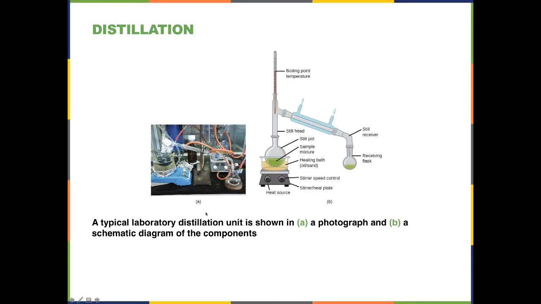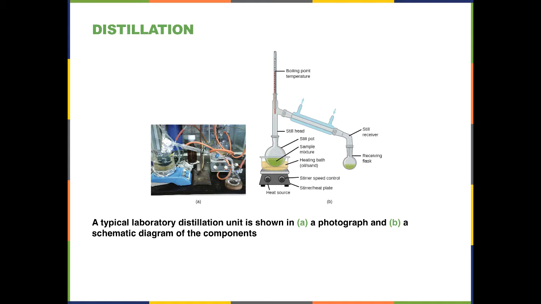Now these differential boiling points are used in order to separate various liquids from various other liquids, and also to separate liquids from impurities. And this is an experimental diagram showing a distillation process in which what we're trying to do is take a mixed sample and change it into a pure sample strictly using the boiling point.